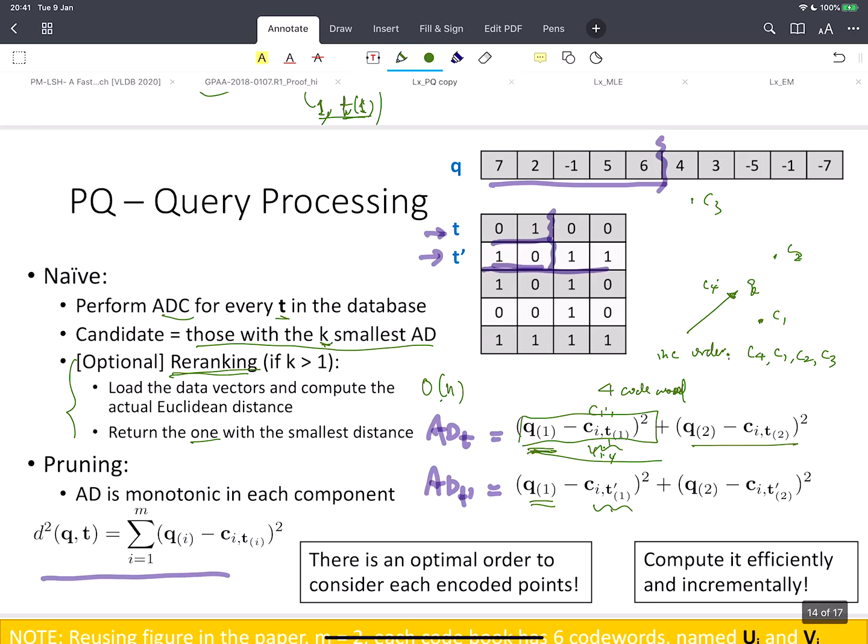You do the same thing for the second partition. Now, if I tell you that this one is smaller than this one, and this one is smaller than this one, with this information we know that the AD of t is smaller than the AD of t prime.